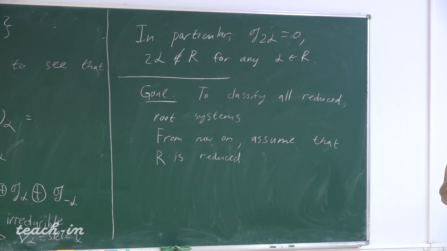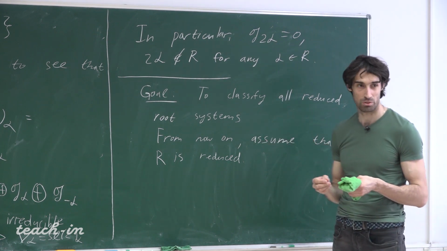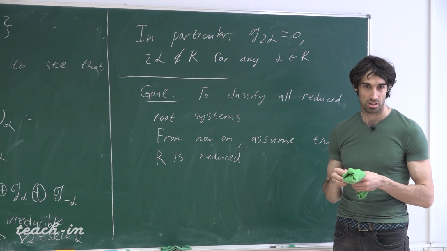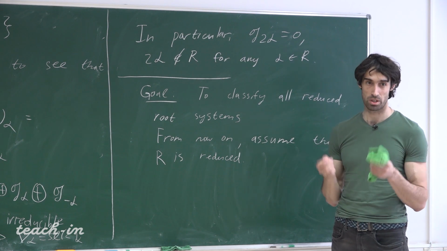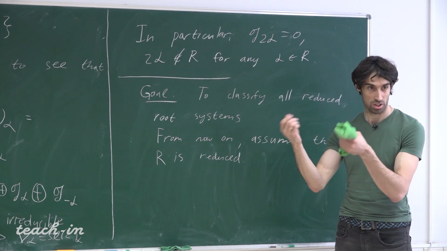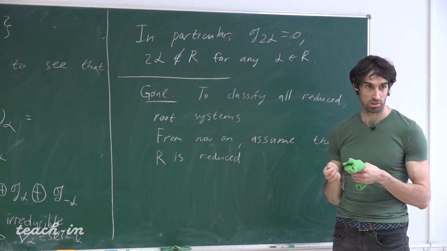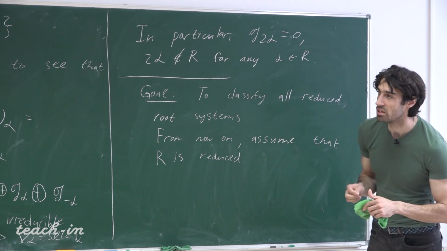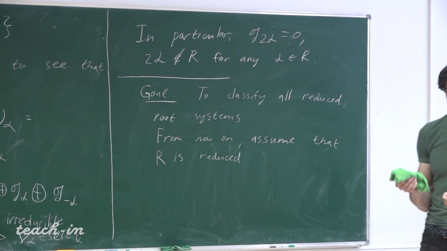So actually, the classification of semi-simple algebras is related to the classification of reduced root systems. Related means it's bijective. So for every root system, you can construct a semi-simple algebra and the other way around. It's not obvious.